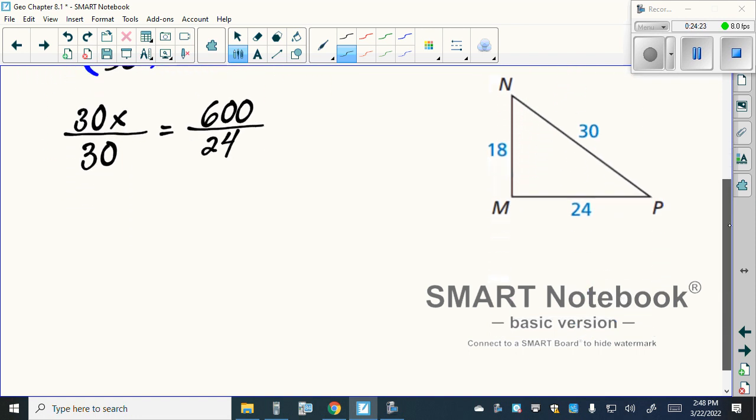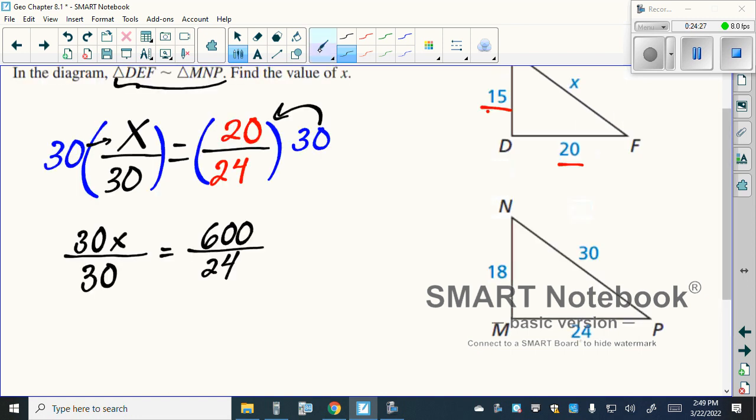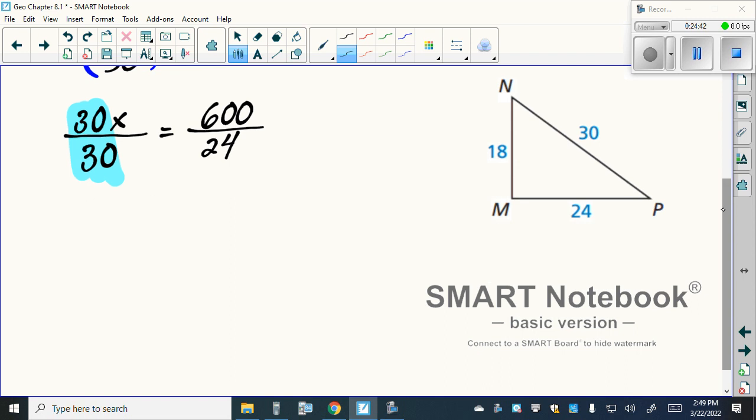Now on the left-hand side, we have 30x divided by 30. Because we have this here, yes, 30 divided by 30.